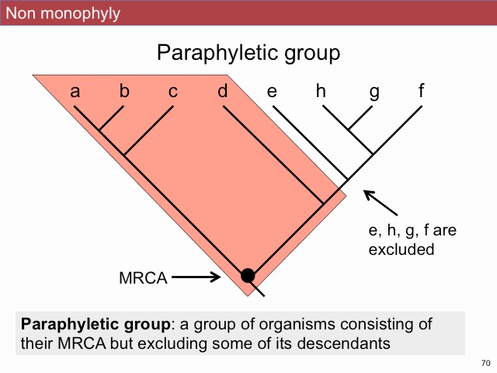So for this to be a clade or a monophyletic group, we would have to include A, B, C, and D, and we would have to include E, H, G, and F in that grouping for it to be a true monophyletic group. Since we've left out E, H, G, and F, this is a non-monophyletic group.